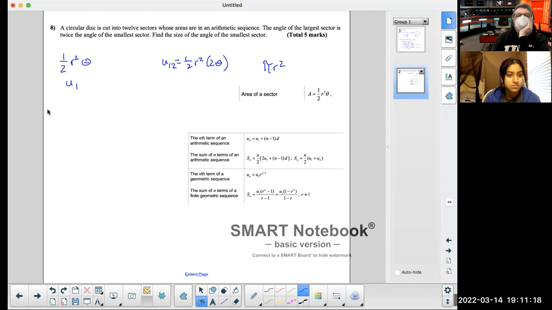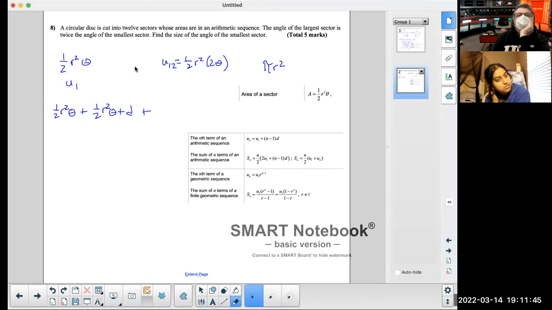1/2 r squared theta plus 1/2 r squared theta plus d, right? Plus for the second one, isn't it 2 theta? For the second one?